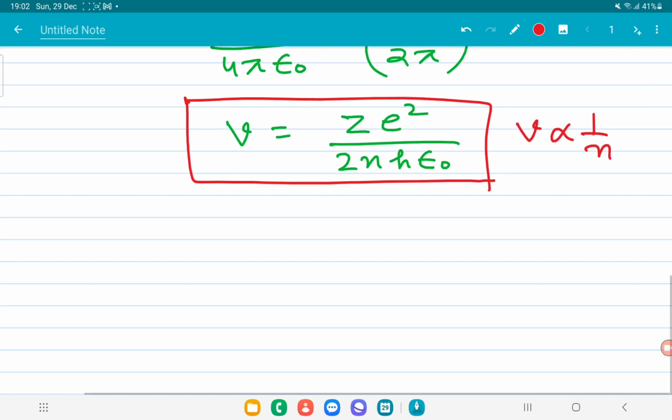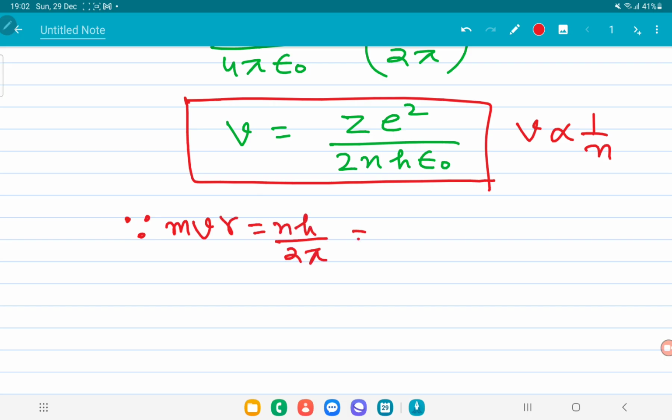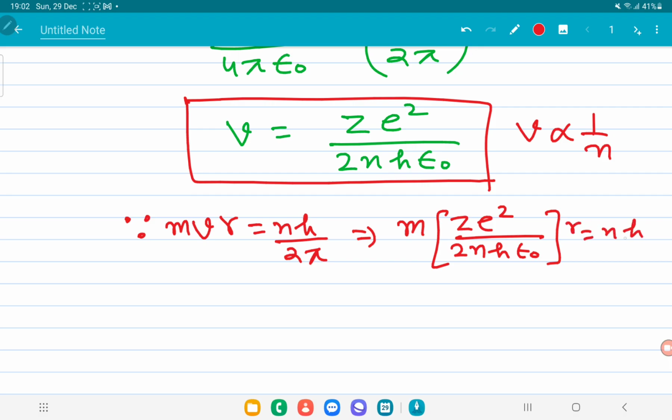Now, if we put this value of velocity in mvr equals nh upon 2 pi, then we get m into Ze square over 2 nh epsilon naught into r equals nh upon 2 pi.